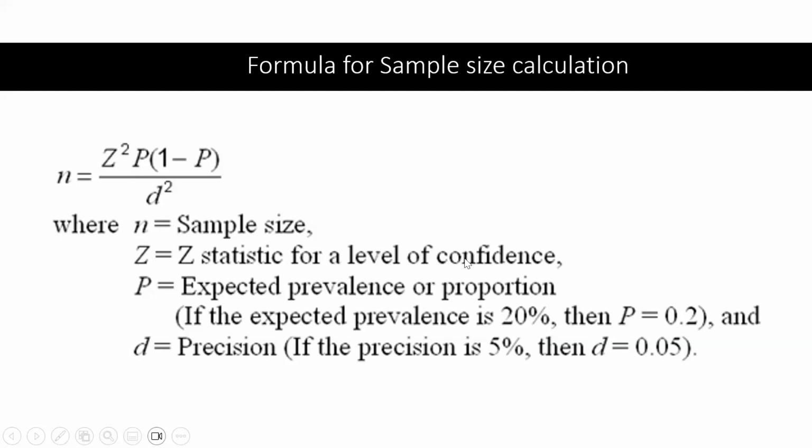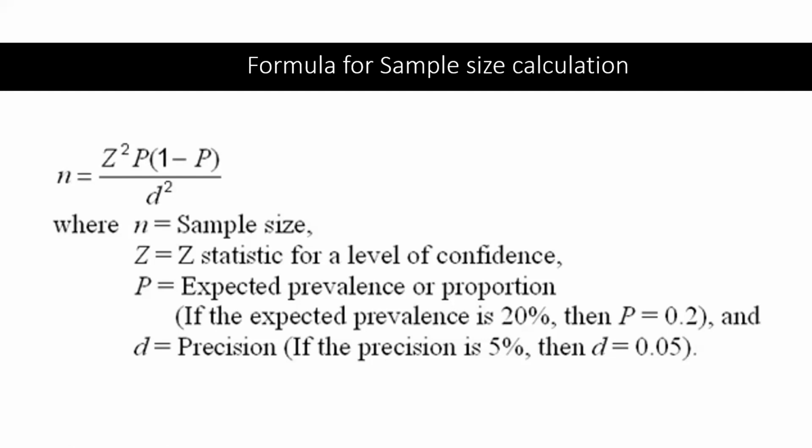If you are selecting 99% level of confidence, the Z value differs. So if you are giving a higher level of confidence, the sample size will also increase. Your Z is in the numerator, right? So if you are giving more level of confidence, then your sample size also increases.